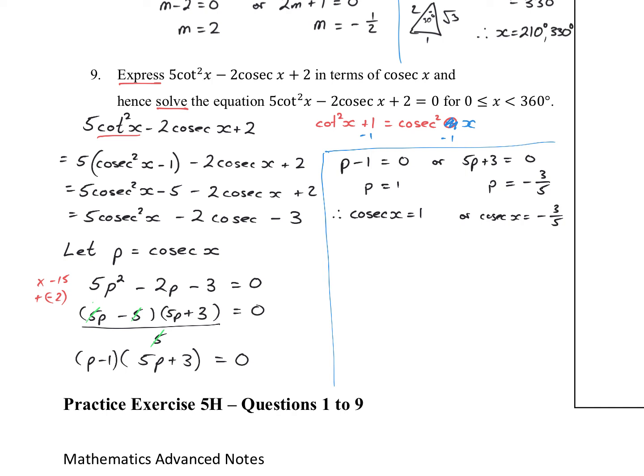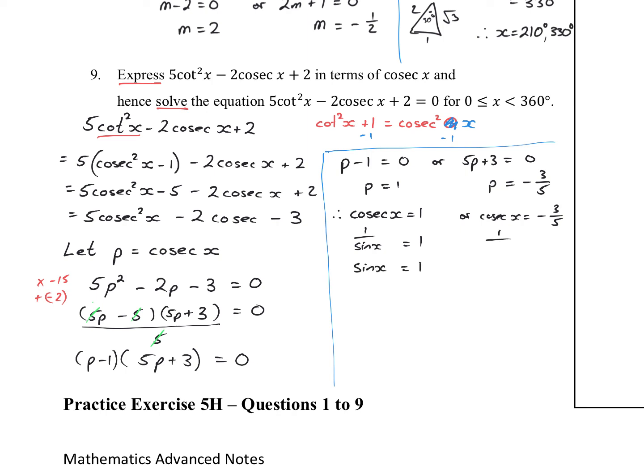All right, what is cosec x? Sine. So 1 over sine x equals 1, so sine x equals 1.